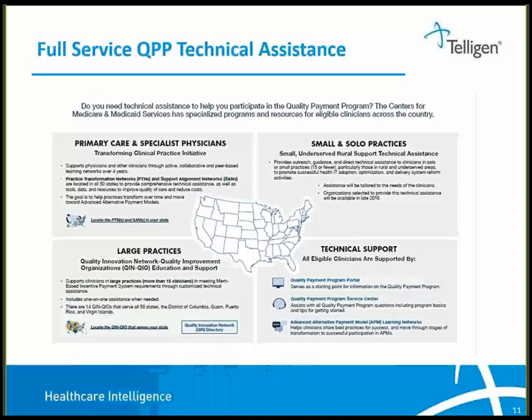If you're a bigger practice with 16 or more clinicians, or in an ACO, you have the QIN-QIO available to you. Also, if you are interested in transforming your practice to work towards an advanced alternative payment model through the Transforming Clinical Practice Initiative, or TCPI, you have Practice Transformation Networks available to you.